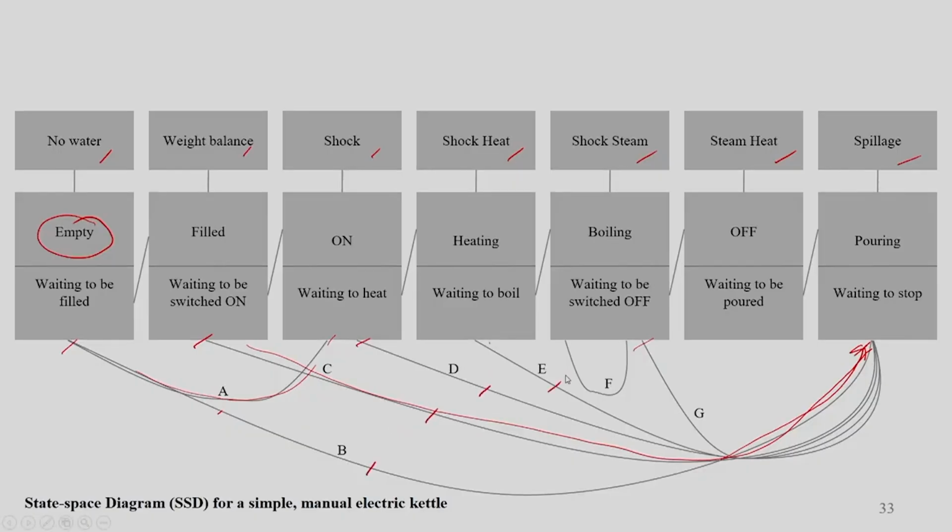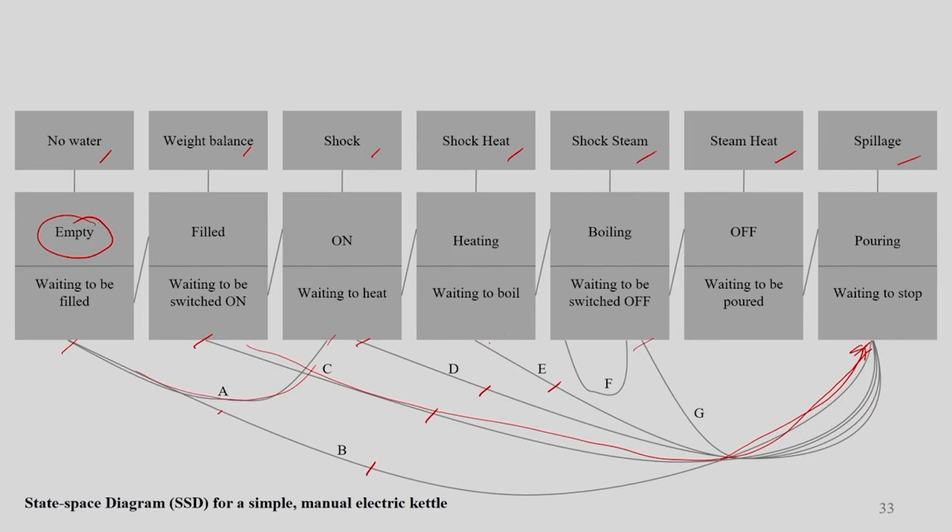So, if we design the kettle in such a way, or if we design the whole system in such a way that if we try to perform any one of these actions, the system will create an alert that you are making a mistake. Automatically the person who is operating, he or she will stop doing that and the system will be safe, right. So, this way we can use the state space diagram to understand or to predict or identify the human error in the whole system.